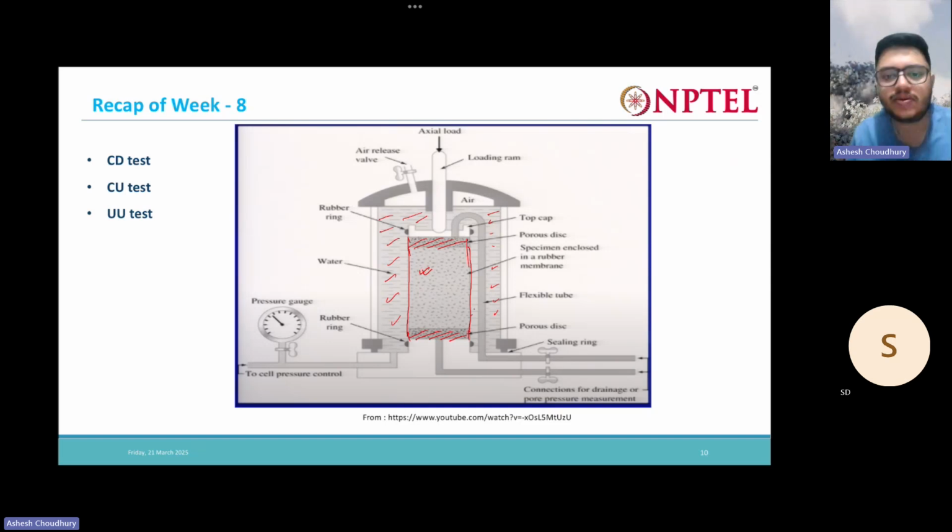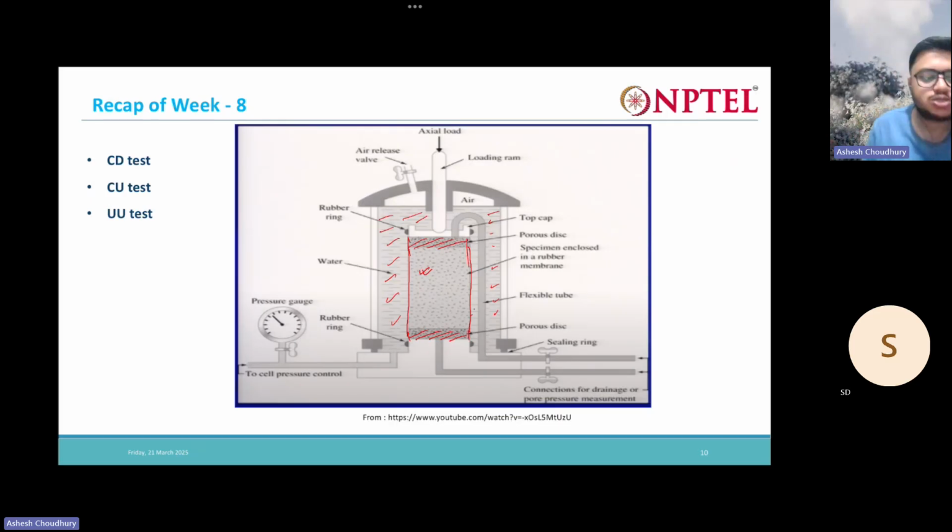That maintained pressure applies the confining stress all around the soil sample. So we can control this pressure, everything we can do.